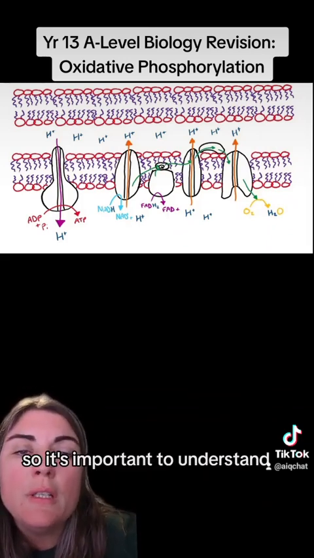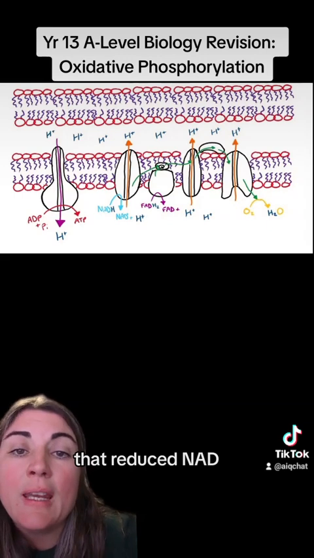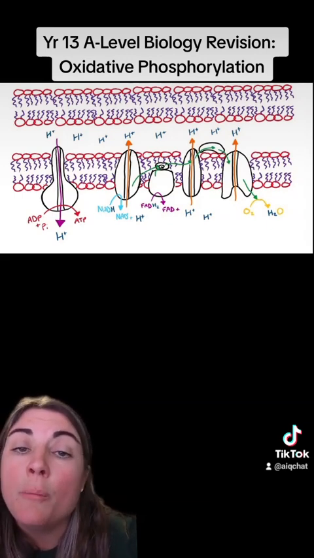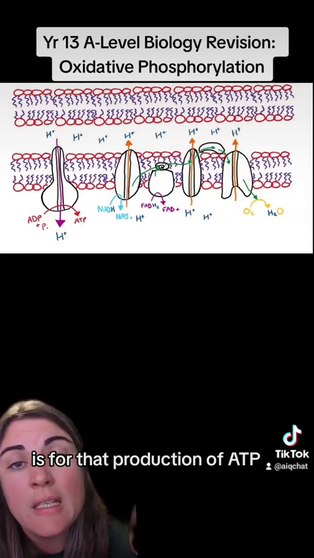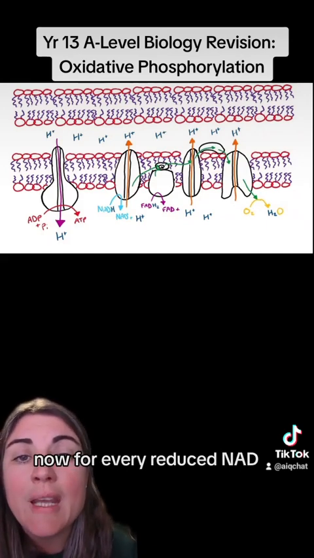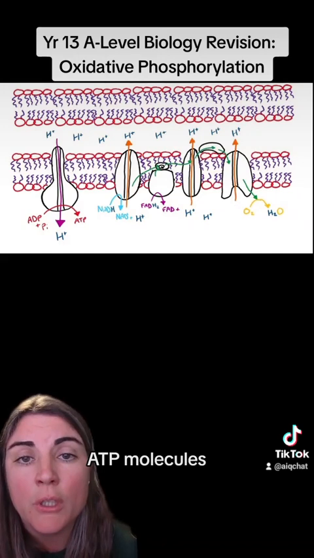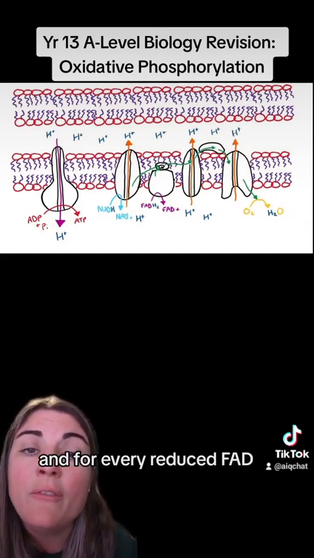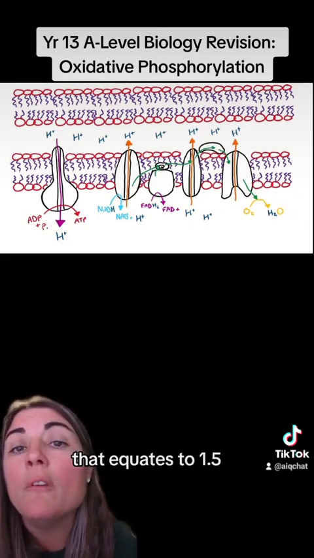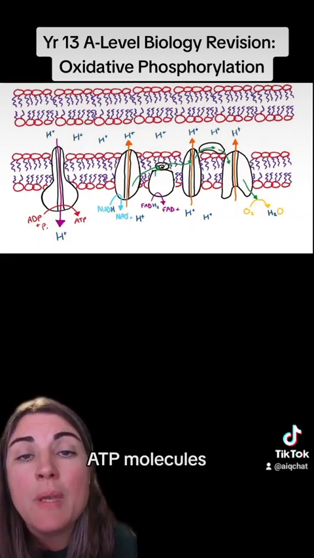So it's important to understand that the reason that reduced NAD and reduced FAD are produced is for that production of ATP. Now, for every reduced NAD, that equates to 2.5 ATP molecules. And for every reduced FAD, that equates to 1.5 ATP molecules.